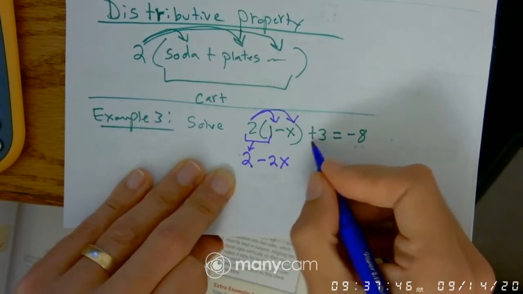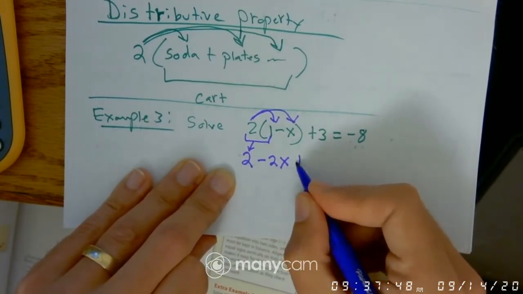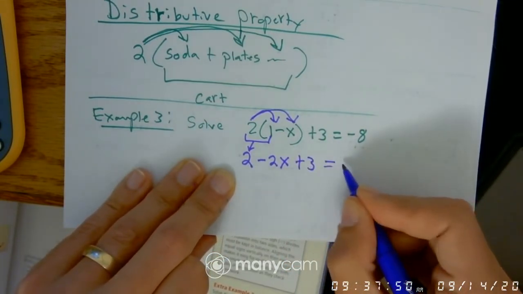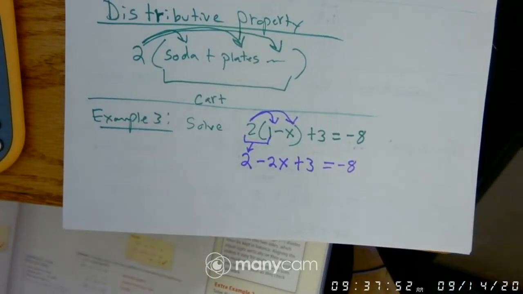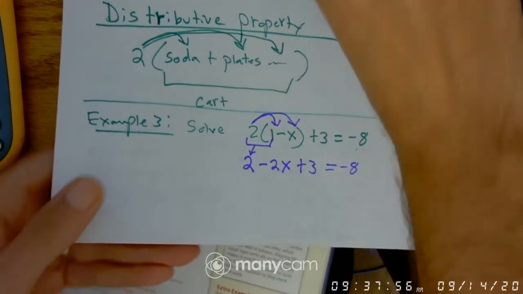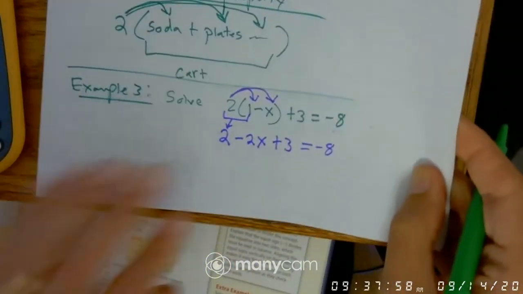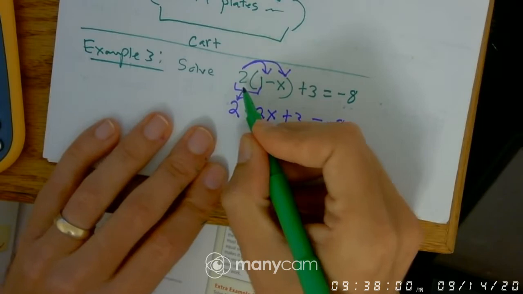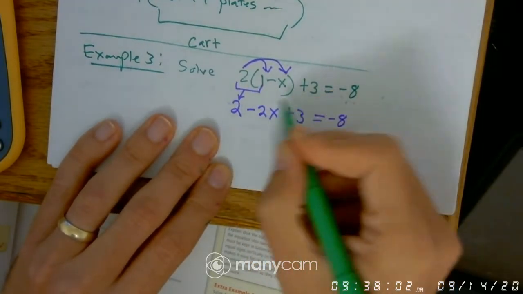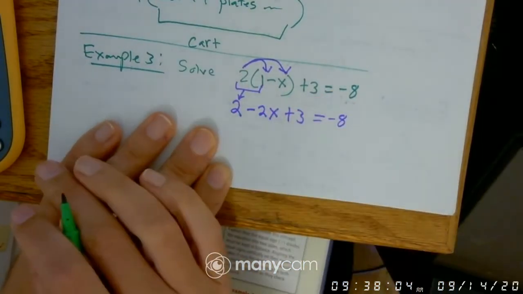Then the 3 wasn't part of that, so the 3 is still there, and the negative 8, nothing happened. Again, that is what's going on with distribution. Anytime you have a number and you want to distribute like this, now this is much simpler.